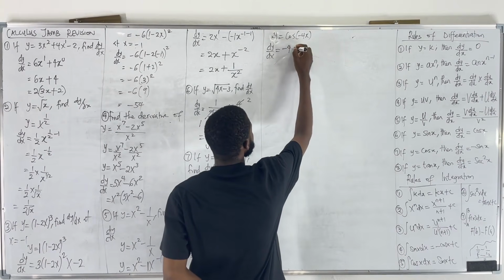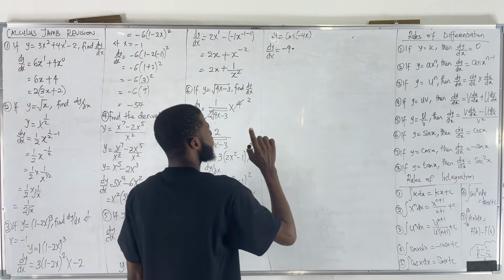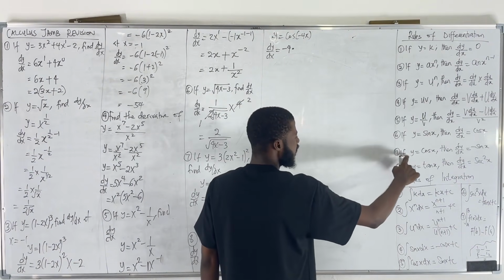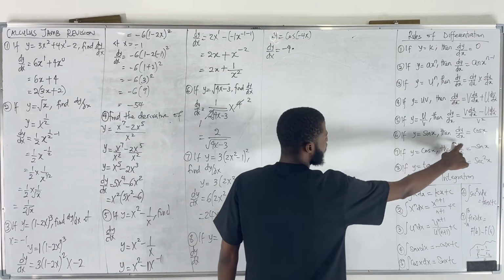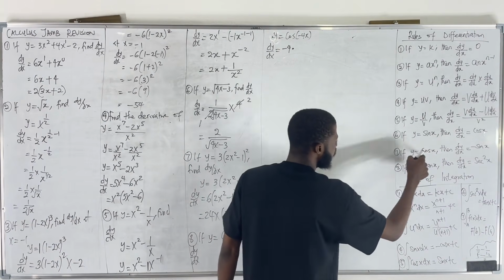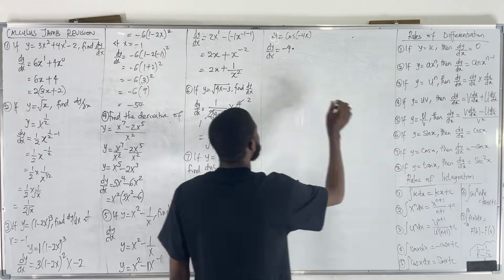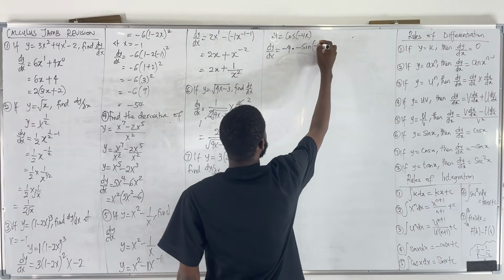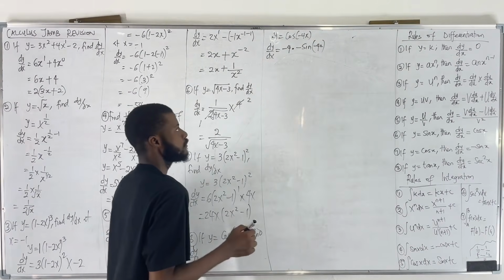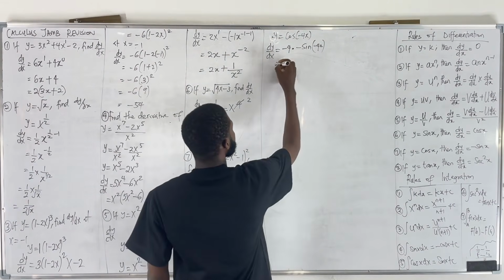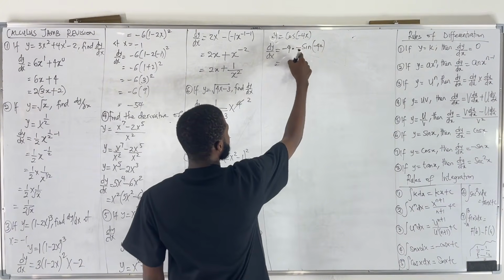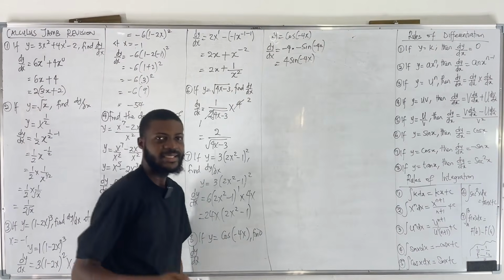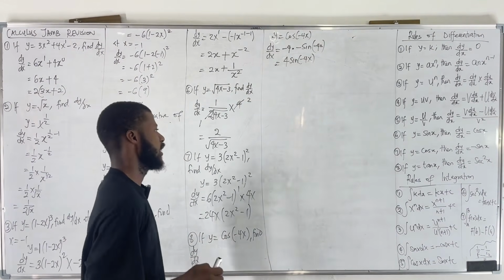And then times, let me use dots to represent times. Times, differentiate cos. If y is equal cos x, it means that dy/dx is minus sine x. So if you are differentiating cos, you will get minus sine. Then you put this angle back, minus 4x. So minus times minus will give us plus. So this will just be 4 sine minus 4x. That's what the answer would be.